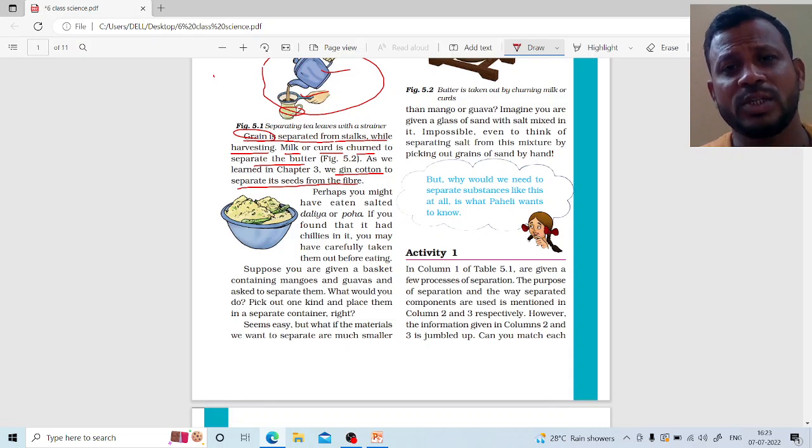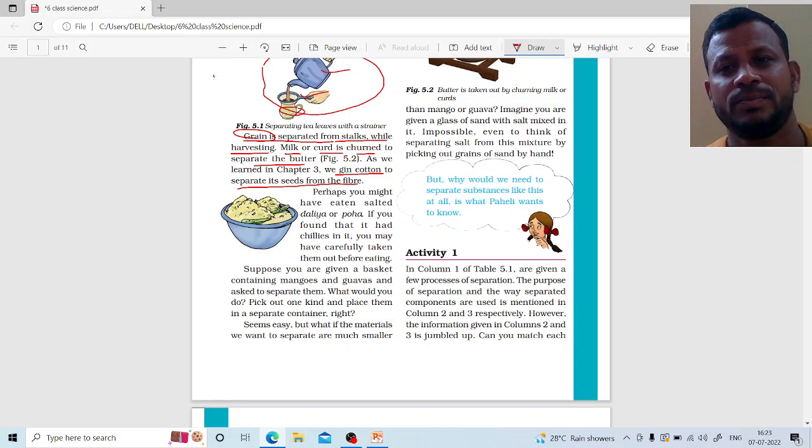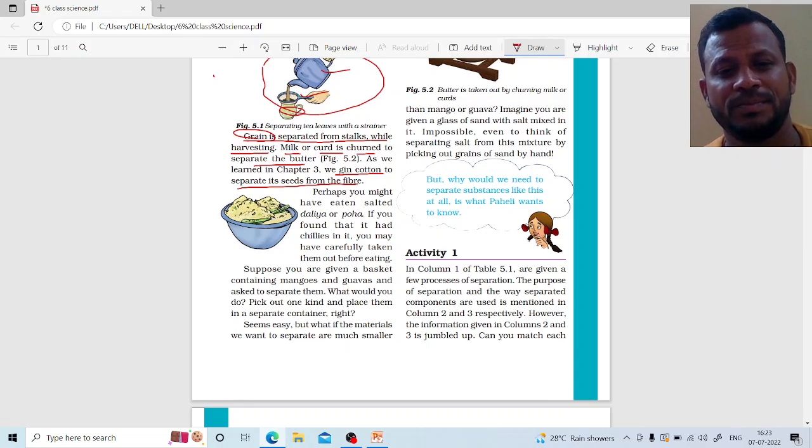If you observe, your mom or sister separates the waste, removing the impurities from the rice before they cook. Before preparing chapatis, your mom separates the bran from the wheat flour. We can take a lot of examples from our day-to-day life.